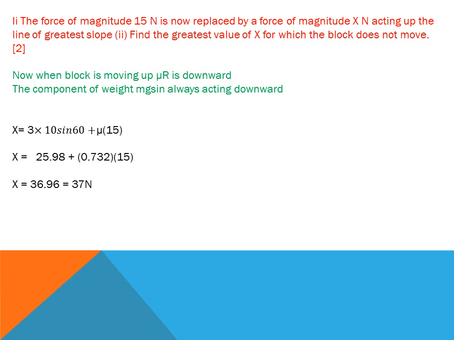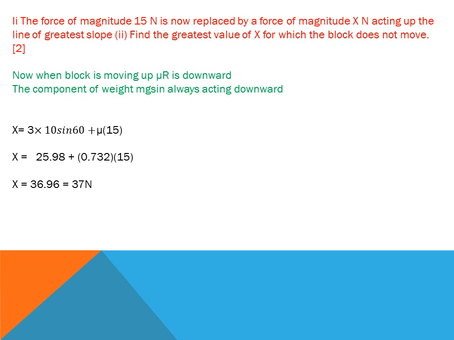The block does not move, but the upward force is now X Newton, because he applies X Newton in order to move the block upward. It means now when the force is replaced, the block will move upward. It means μR will be in the downward direction.